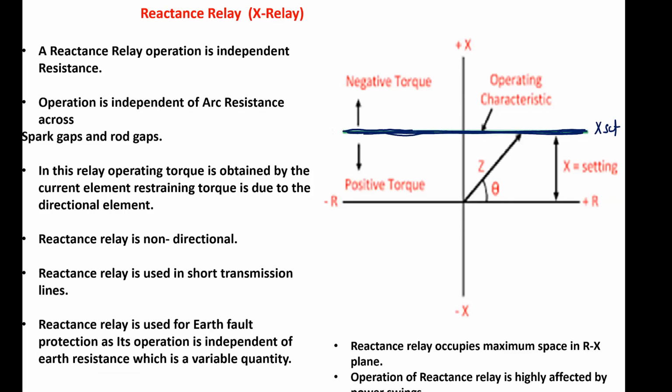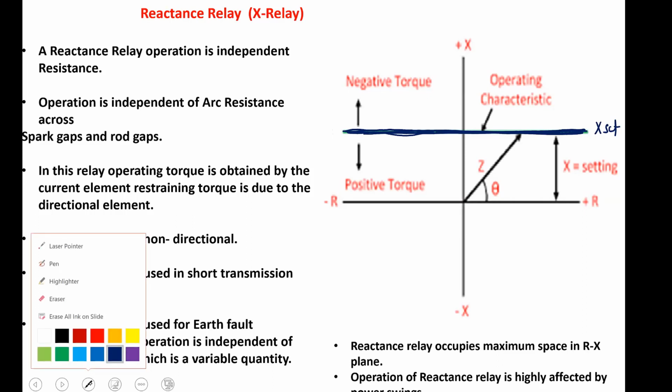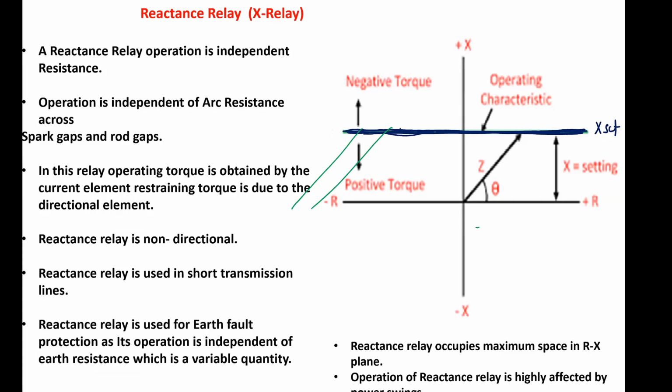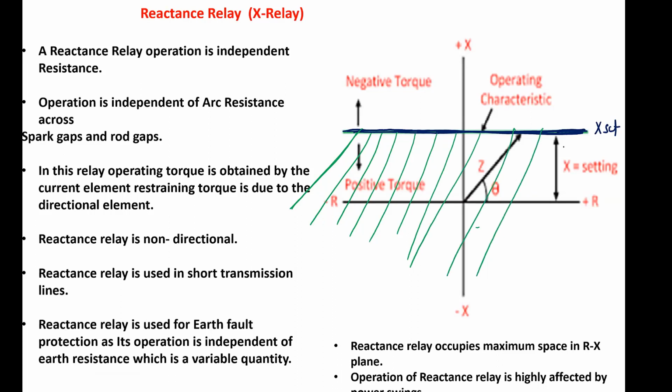My relay will operate if the reactance seen by the relay is less than this value. That means my relay will operate for all the region below. It should not touch the line; on the straight line also it will not operate. So below this line my relay will operate. It has infinite space below which it will operate.